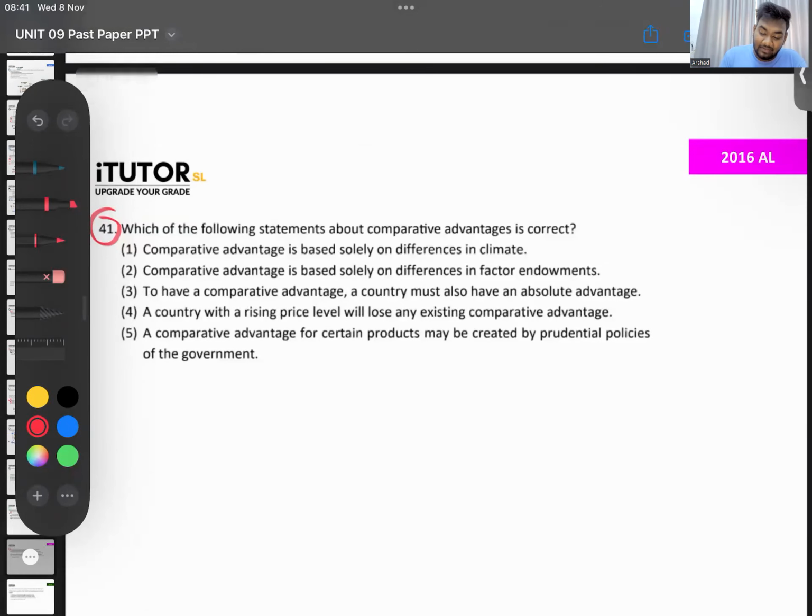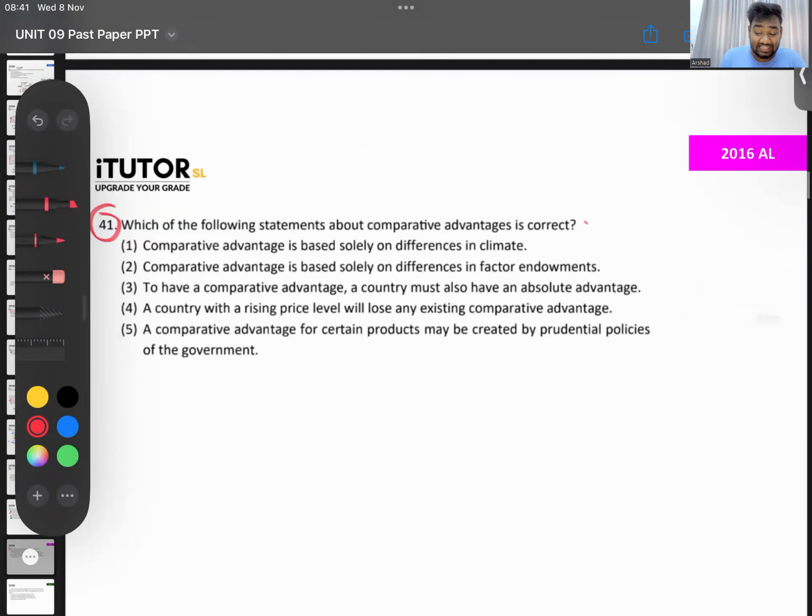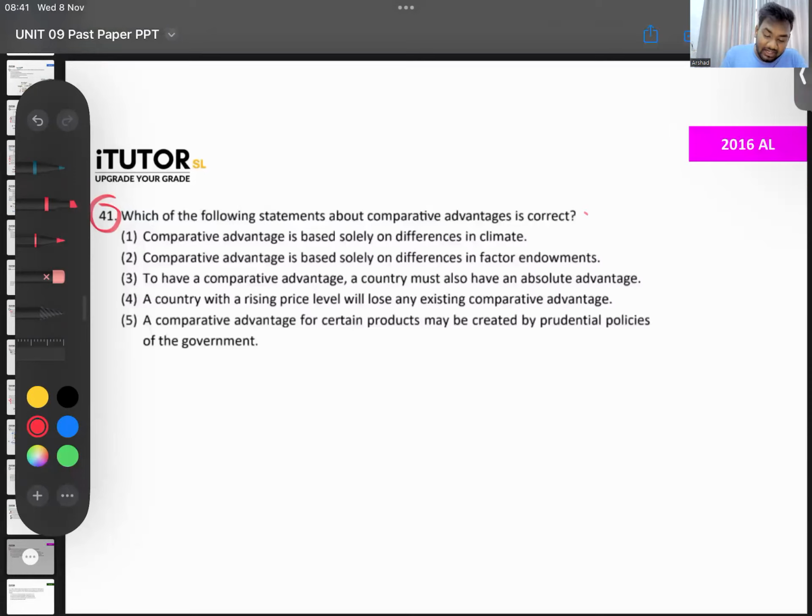Which of the following statements about comparative advantage is correct? Comparative advantage is based solely on the differences in climate. Is it solely based on the difference in climate? Is that the only reason why you have a comparative advantage? No. It's based on so many factors. Climate is one factor. So you can't say solely based on difference in climate. Wrong. Comparative advantage is based solely on the differences in factor endowment.